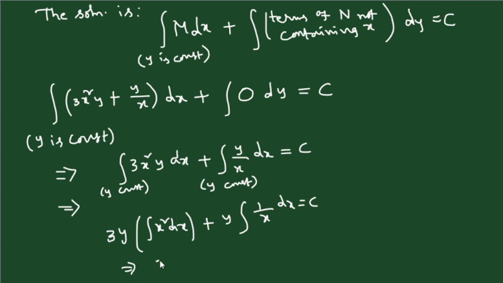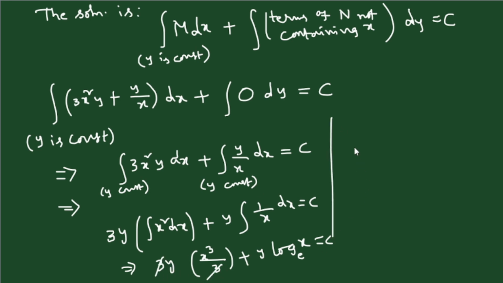So this is 3y into integration of x square, which is x cube by 3, plus y into integral 1 by x, which is log x, of course log x to the base e, equal to c. So you can cancel out 3 here. So the answer is x cube y plus y log x to the base e equal to c, the required answer.